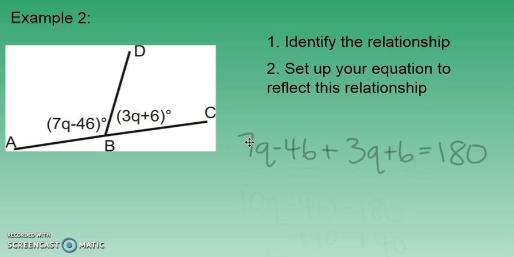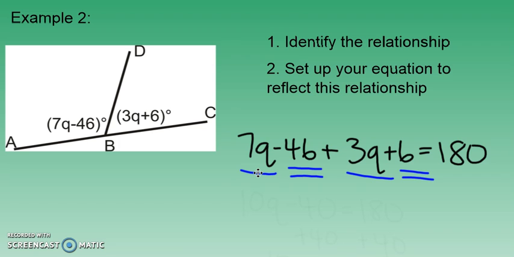So my equation is 4q minus 46, which I just got from angle ABD, plus 3q plus 6, which I got from CBD, and those add up to 180. I've literally connected them with an addition sign. And then we're just going back to some algebra that you guys did a lot last year. We'll be combining like terms, so I like to use an underline technique.